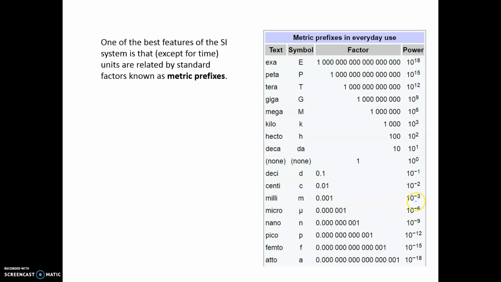Millimeters is 10 to the power of negative 3, nano is 10 to the power of negative 9, and it can also be bigger. Kilometers is 10 to the power of 3, giga is 10 to the power of 9, and so on. So this is a special feature of SI units compared with English units.